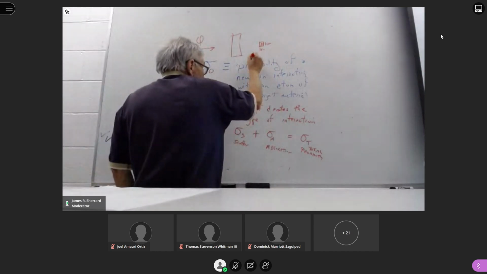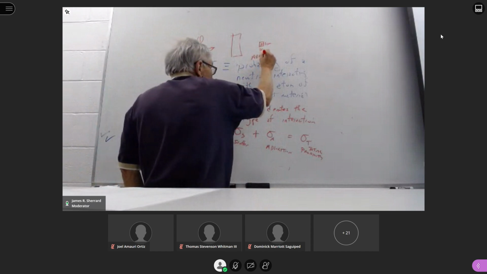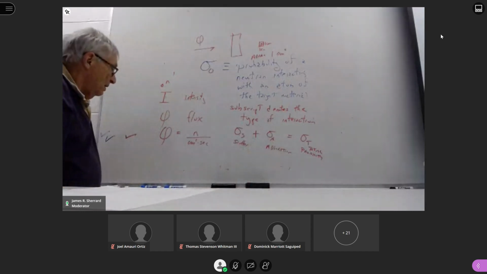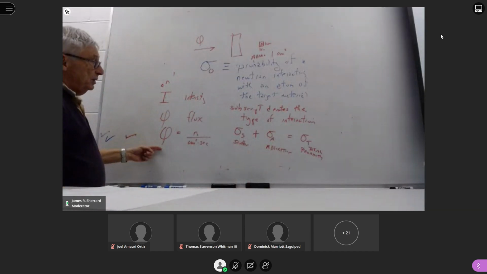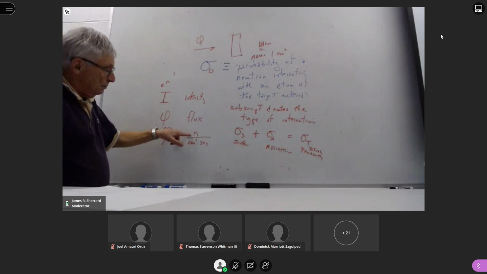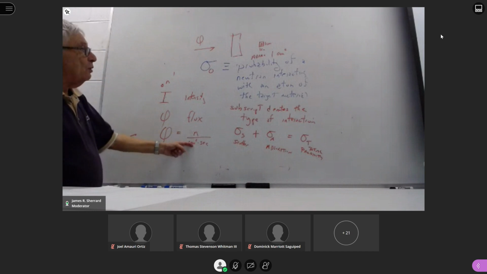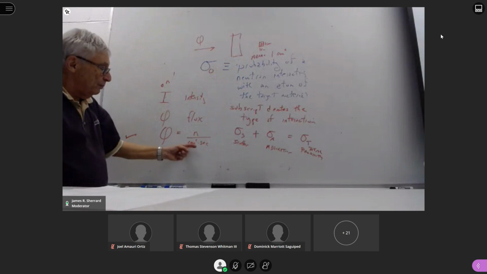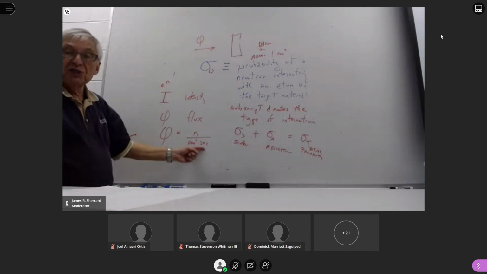So this area is 1 square centimeter. So what the flux tells you is that this is the number of neutrons that is going through a 1 centimeter by 1 centimeter little square of the target each and every second.